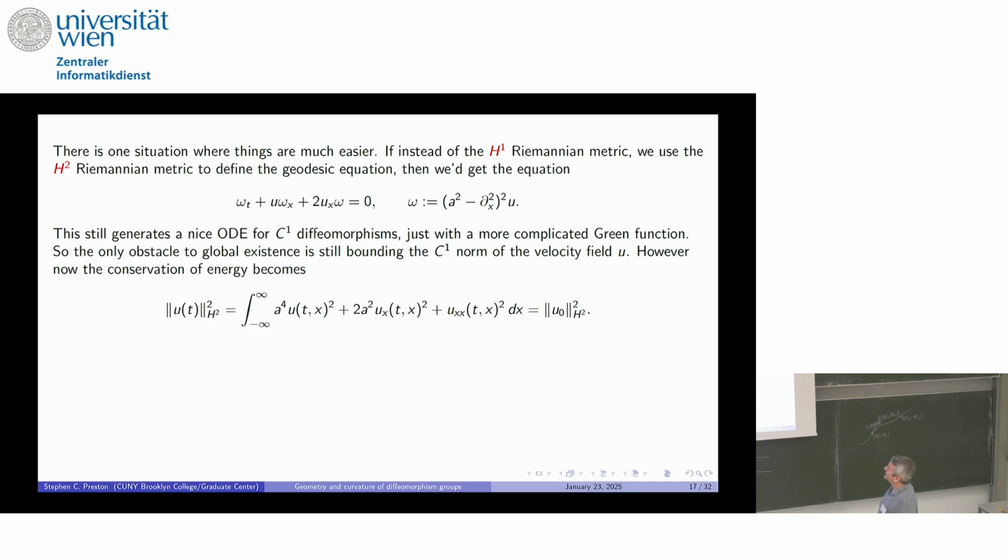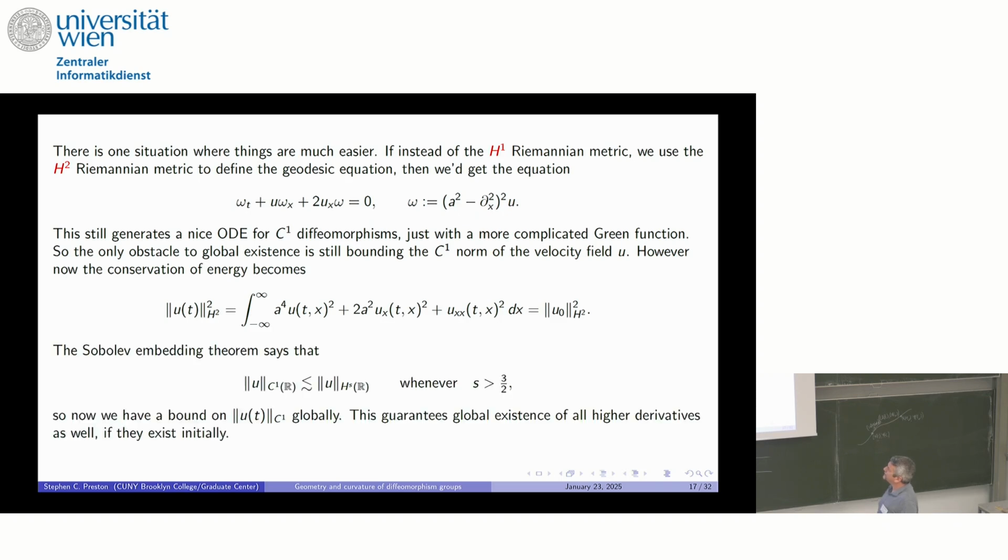And you get conservation of energy, which is now conservation of the H2 norm. And the Sobolev embedding theorem says the C1 norm is bounded by the H^s norm for any s, as long as s is larger than 3/2, which here it's 2, so of course that works. And so I get for free that U is controlled in C1. Nothing like this can possibly happen.